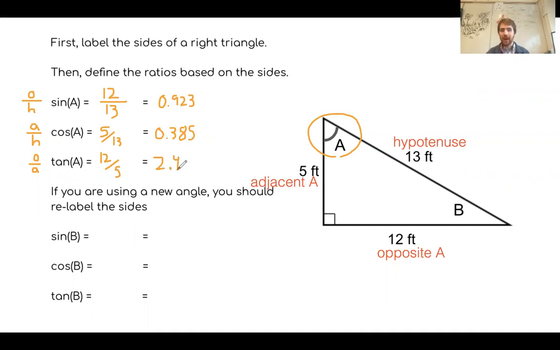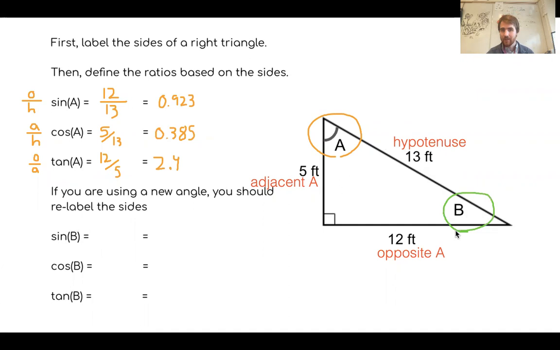Okay, now we're going to look at the sine, cosine, and tangent of angle B. And this is where it's going to get a little tricky because we already labeled the sides here. But now we're looking at angle B. So I'll use a different color.